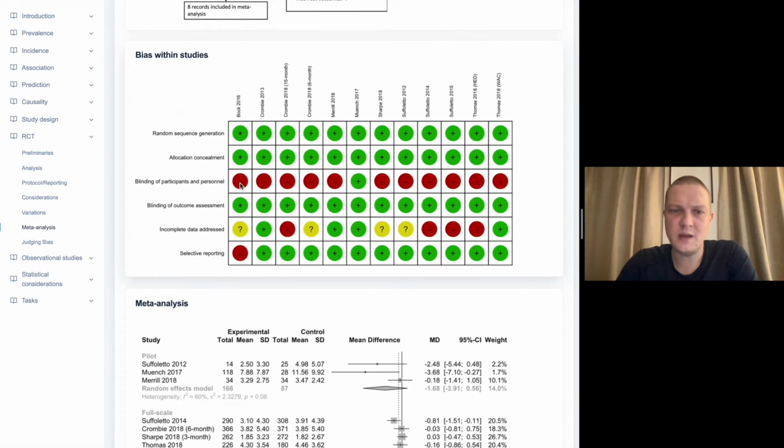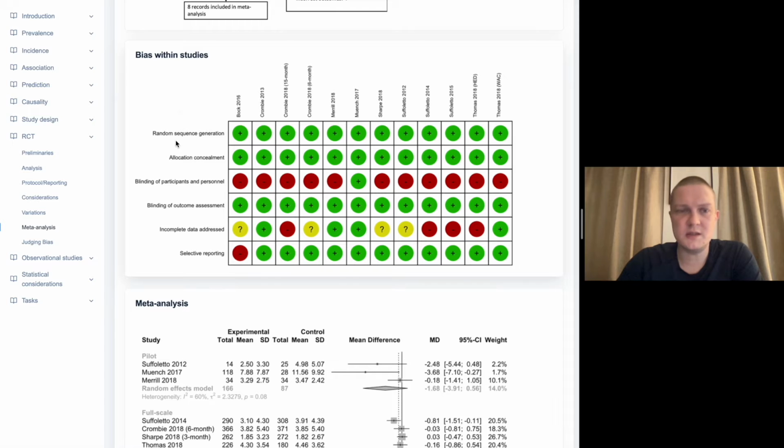So this domain, which all but one of the studies included failed on, was blinding of participants and personnel. So all studies included in this meta-analysis, except one, had issues with blinding. And that sends quite a strong message when you just look at this, that there is probably risk of bias in the findings of this meta-analysis, because there's a lot of bias or potential risk of bias in the included studies.